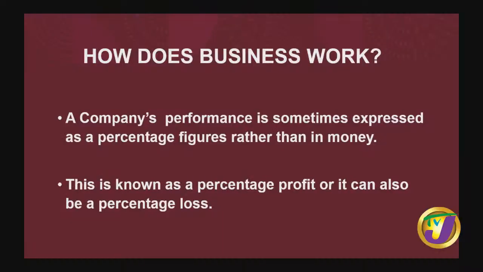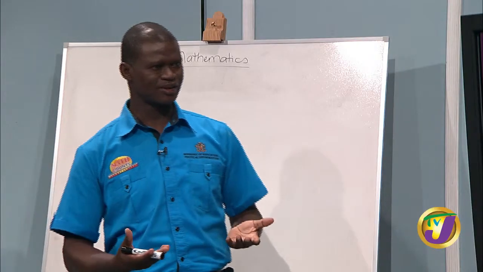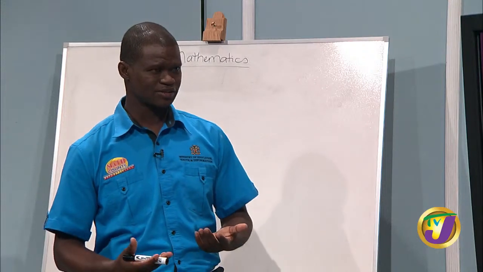So, as I mentioned before, this is either a percentage profit or percentage loss. Profit percent is a percent earned on every $100 of the cost price. Now, this makes it possible to compare profitability of two or more businesses regardless of size, right? I can say I make $300, you make $300, but it is in a different situation.